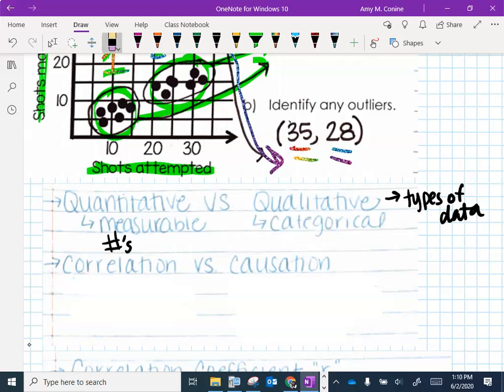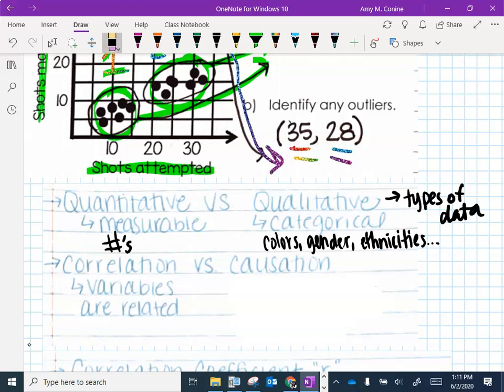And if you have qualitative, it's categorical, so you're talking about things like colors, maybe gender or ethnicities, things that you're putting into categories versus putting numbers to them. Okay, so correlation versus causation. With correlation, variables are related. So you're seeing a relationship built there. In causation, one variable causes the other to occur. So kind of like cause and effect.